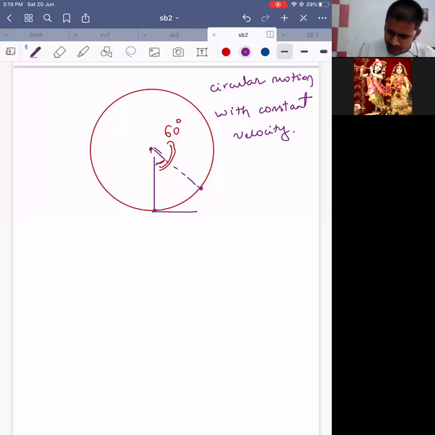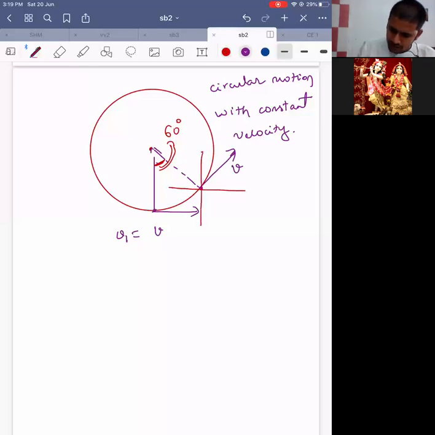At the lowest point, this is V bar, V1, in one direction. After 60 degrees, it is making an angle of 60 degrees, and the velocity is V.